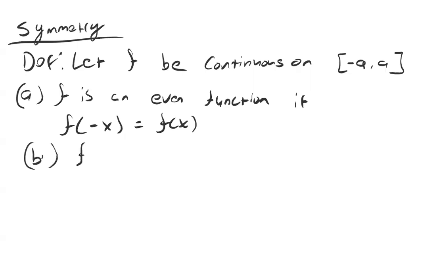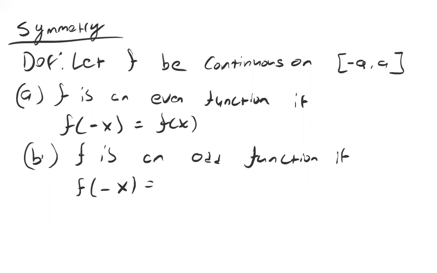And f is an odd function if f of negative x is equal to negative f of x. You've probably seen this before. I'm just redoing this because a lot of people forget this stuff. For even functions, if I plug in a negative value of x, it's like I didn't do anything. For odd functions, if I plug in a negative value of x, it's like I pulled a factor of -1 out.